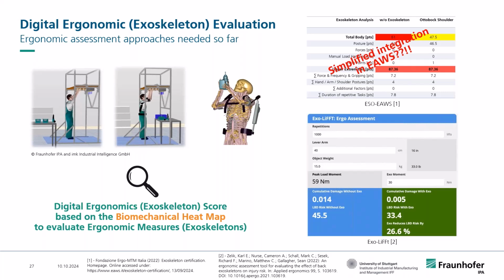And therefore, we are looking for a digital ergonomic exoskeleton score based on the shown biomechanical heat map to evaluate ergonomic measures holistically, but of course specifically exoskeletons. For exoskeletons, from our point of view, there are already existing evaluation methods which could be applied, for example, in the EMA work designer, as we tried out in the research project, and you see effects.